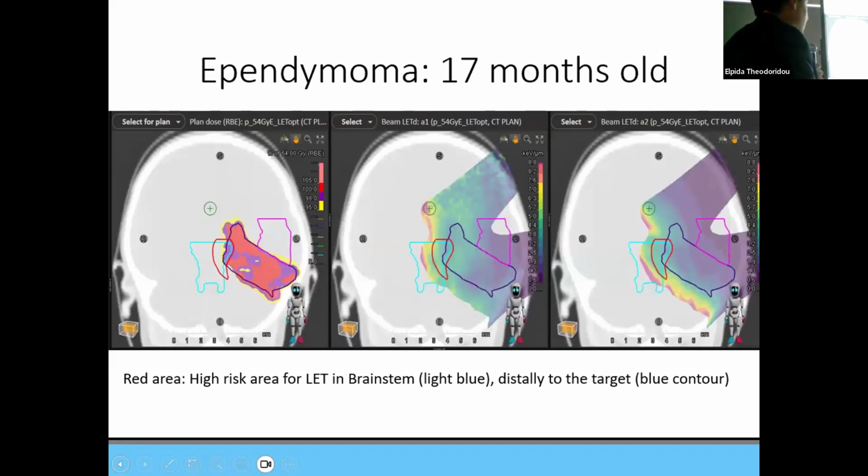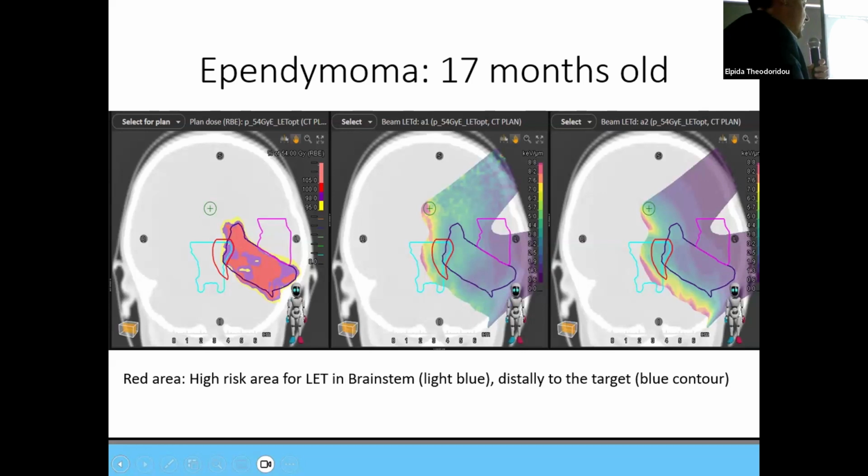For example, this is an 18-month-old patient that we are treating these days at CNAO, in which, as I told you, this square here is untouchable by the beam because we have to completely spare it. So we are limited to this hemisphere. I used two beams, and both were going to the brainstem.